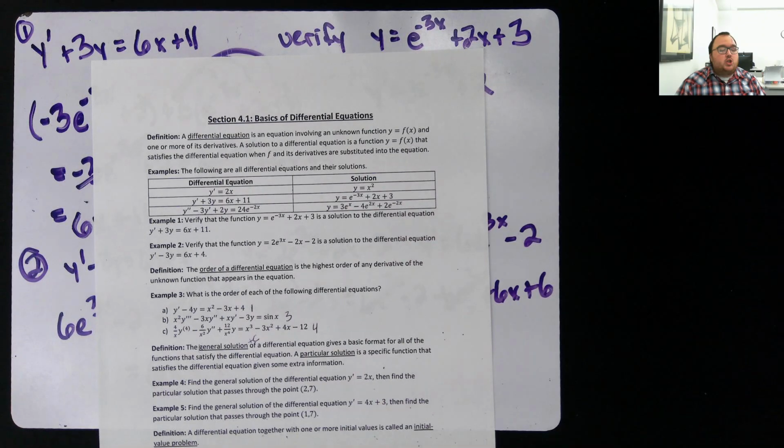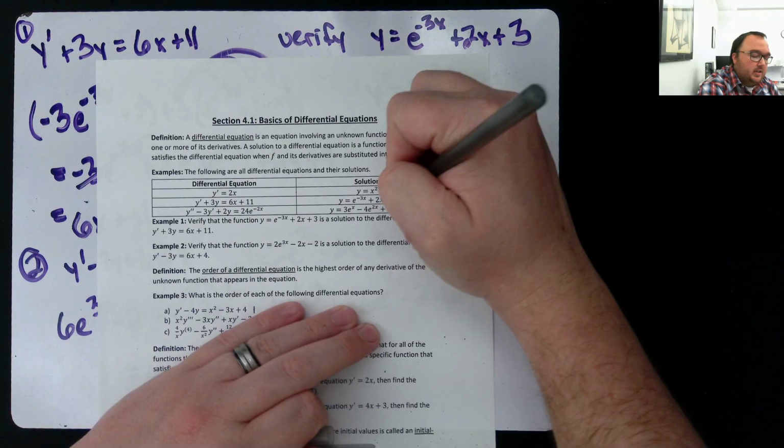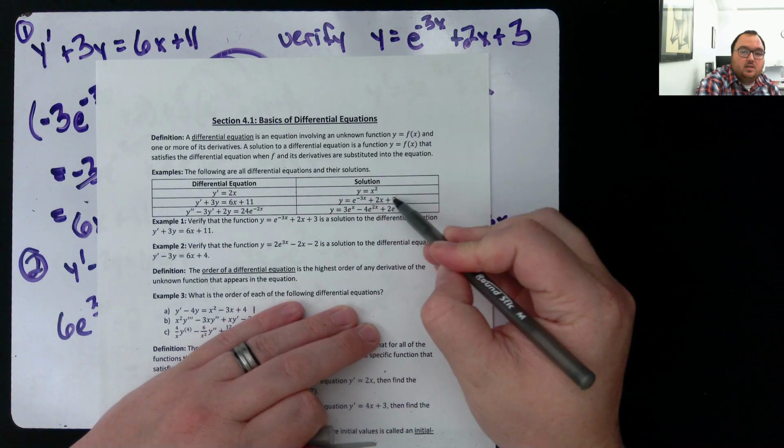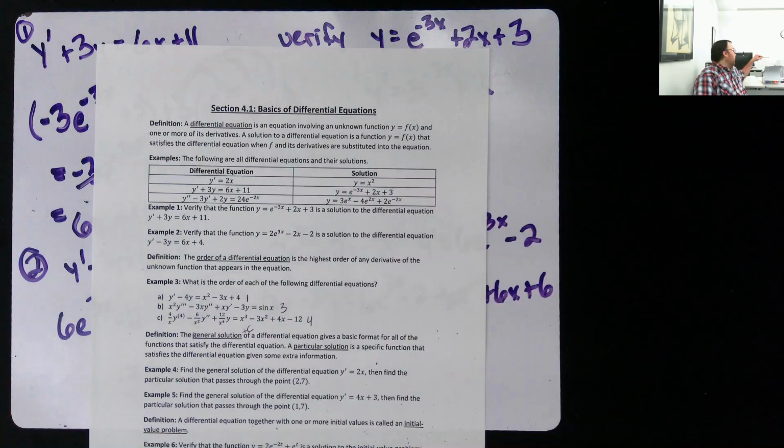So basically, if I have a point, I can use that point and solve it for C, which is kind of what they did on this example right here, because I have a plus C. So that's what they did there, was solve it for the C. So a particular is whenever I have a point, and therefore I can solve it for the C.